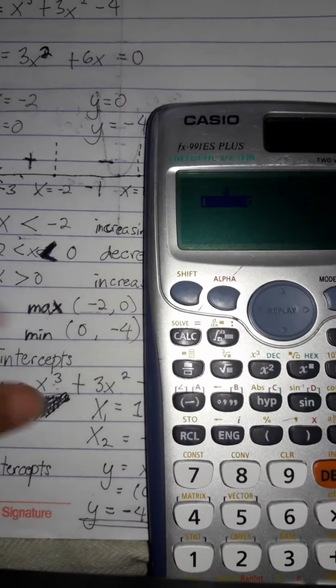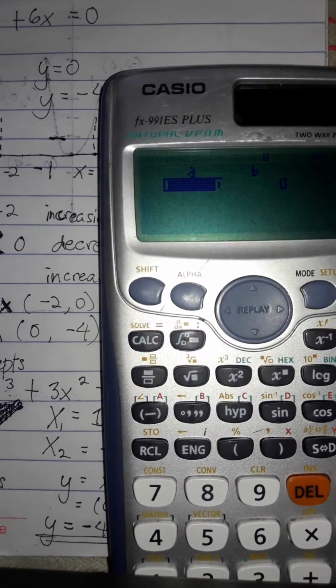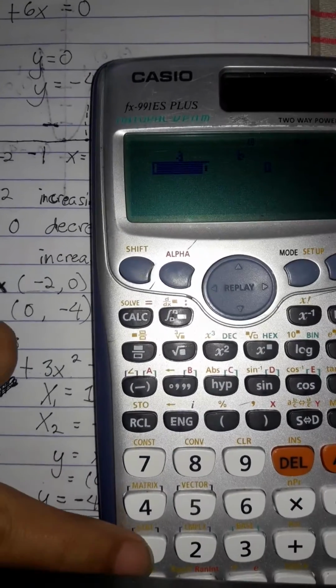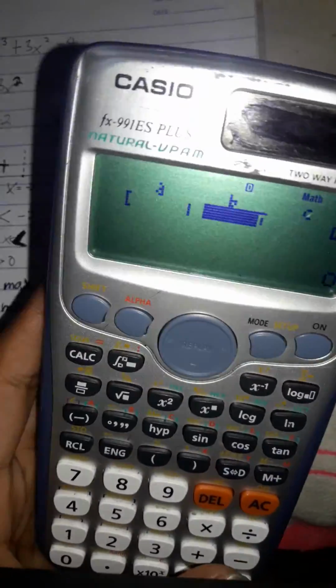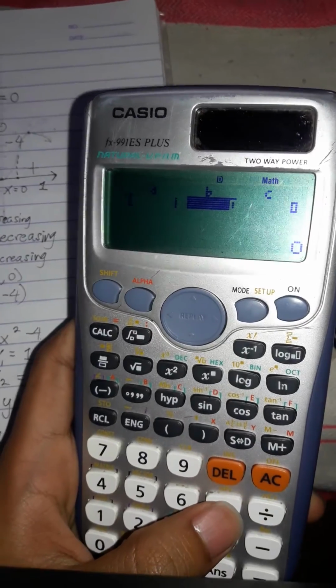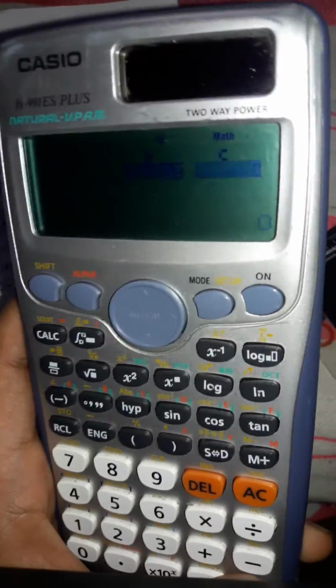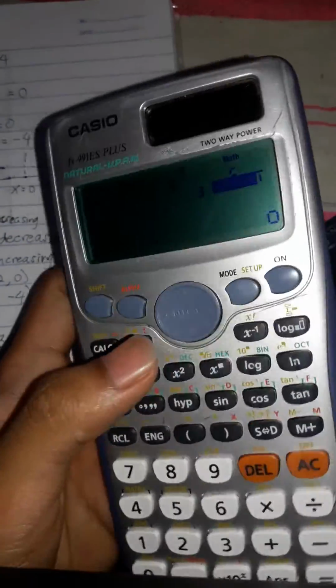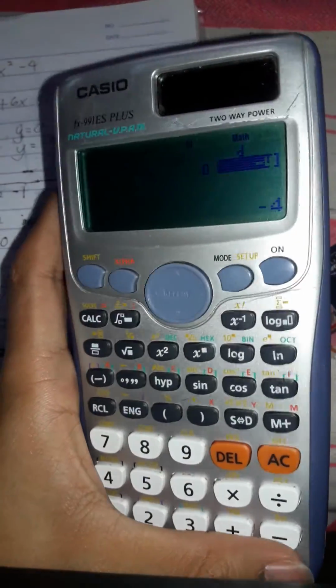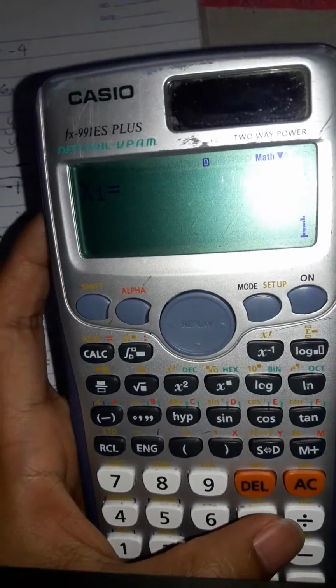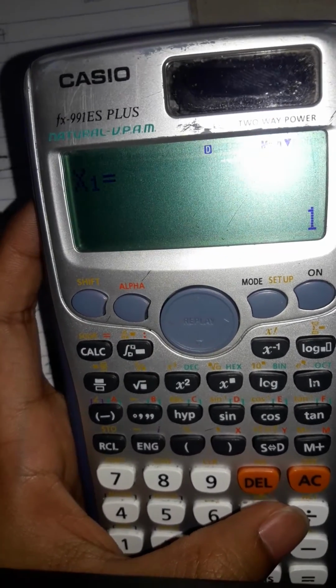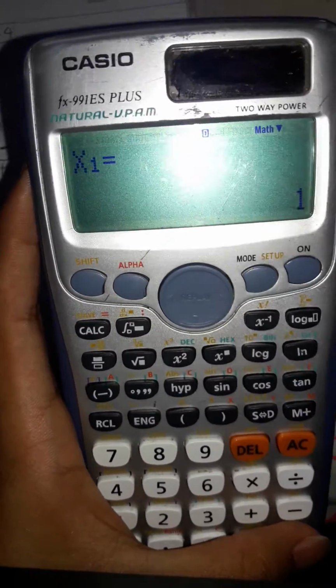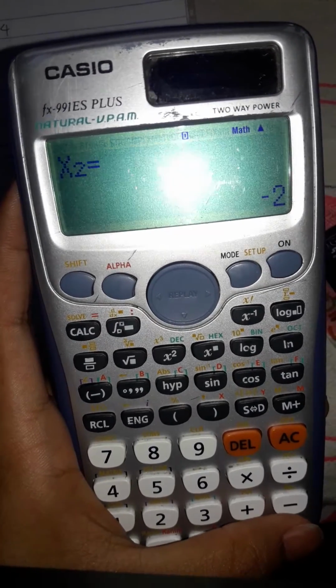So, what we have here is the x cubed, so that would be 1, and the next would be 3x squared, so that would be 3, and the next would be minus 4, so negative 4. And this is how we would get our x-intercepts. X sub 1 is 1 and x sub 2 is 2.